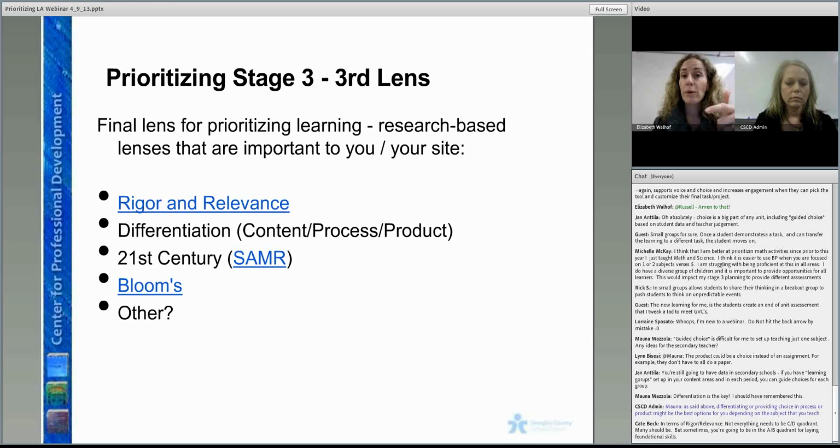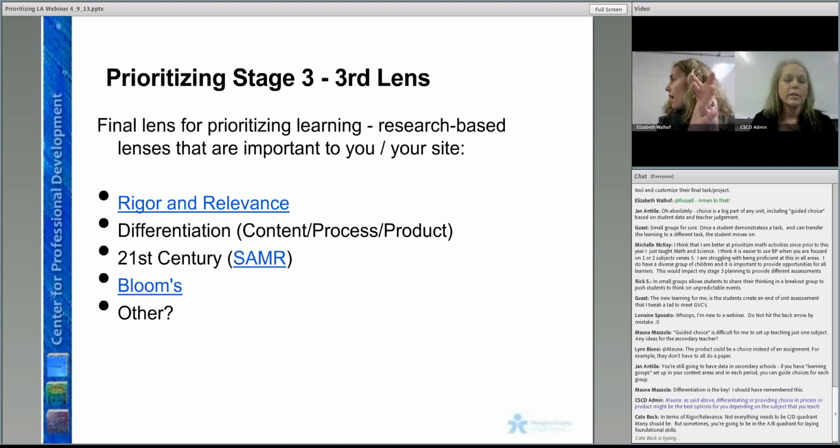Other things might include, for example, I know some of you are from IB schools. That might be one of the things. You mentioned a couple of the other lenses that people might use. If you have problem-based learning, I know some schools are doing artful learning. There are some lenses that you are going to want to look through in any of those teaching and learning frameworks that would be in addition to the ones that we've talked about.